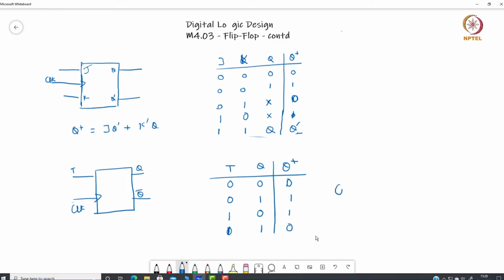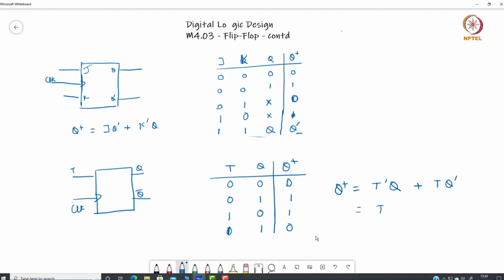So essentially my Q plus is always going to be equal to Q if T is 0, and if T is 1, then it is going to be the inverted Q dash. So this can be written as the characteristic equation of my Q dash.